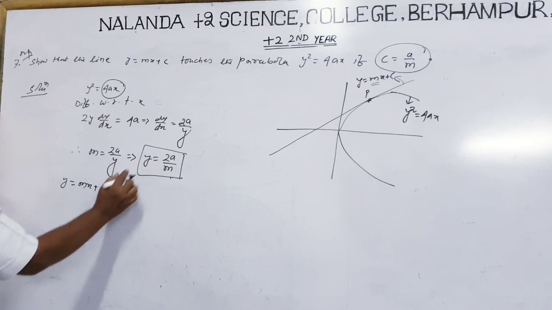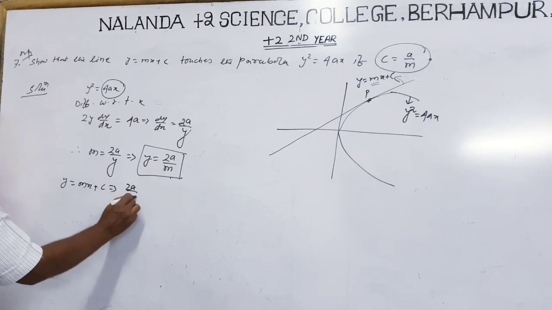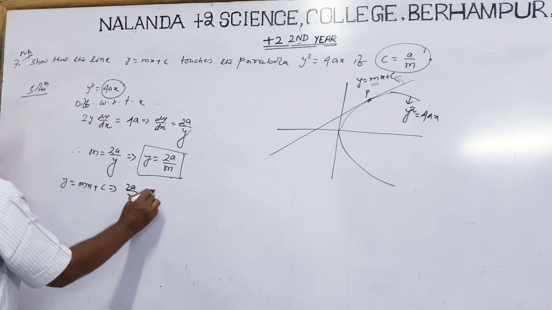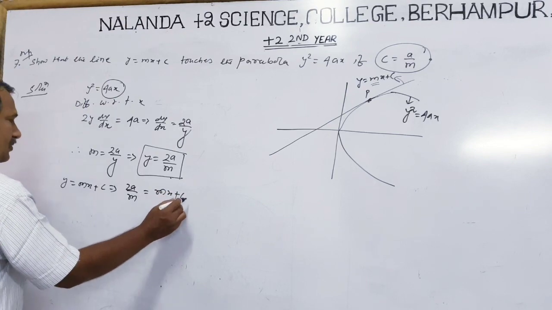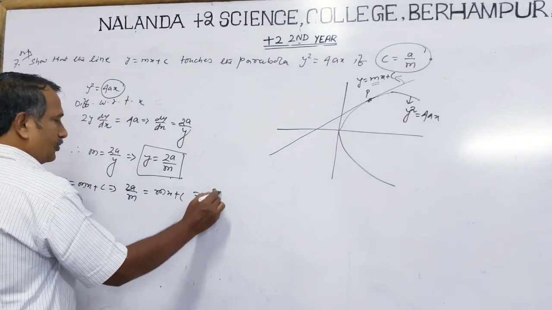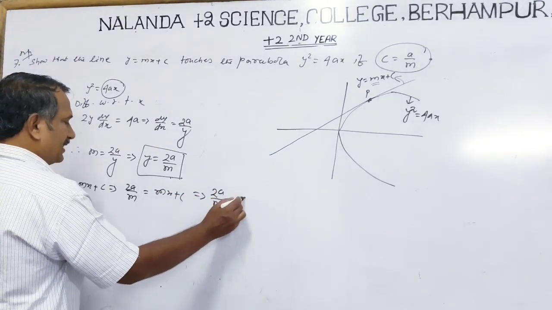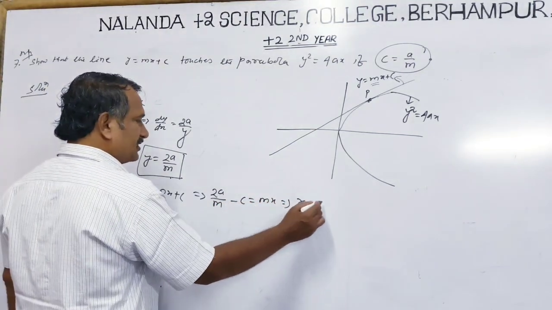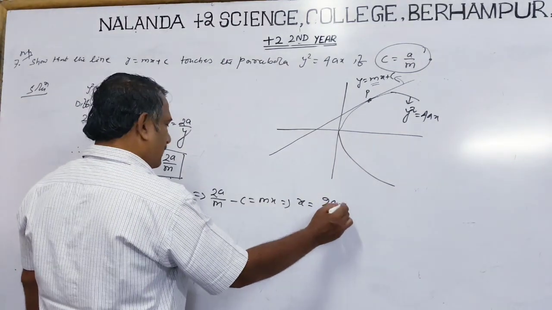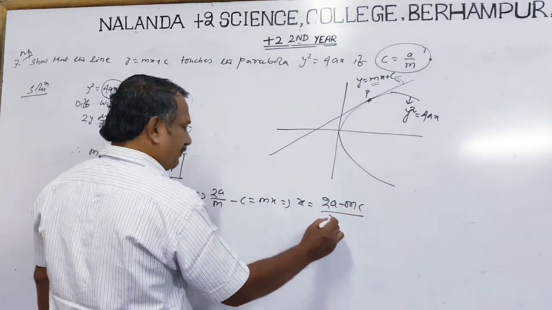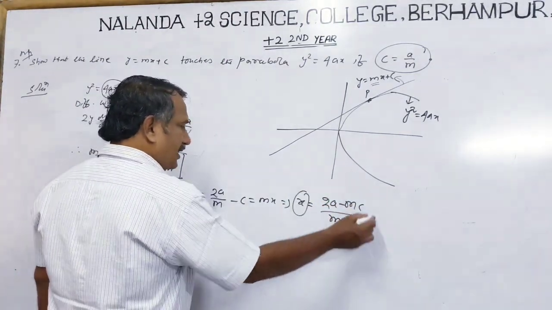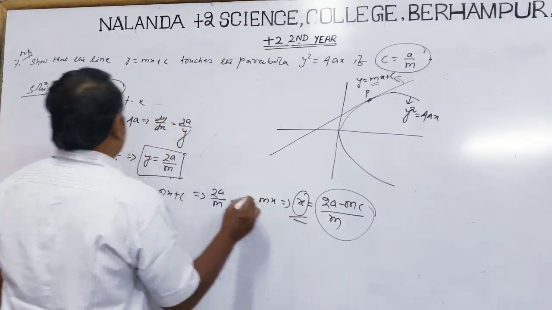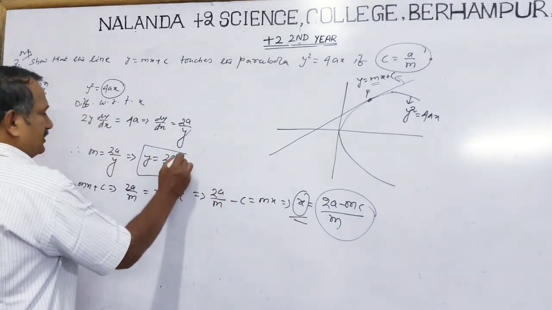So y equals 2a by m equals mx plus c, or 2a by m minus c equals mx. So what is x? Find out. x equals (2a minus mc) by m. Now we got x and we got y also.